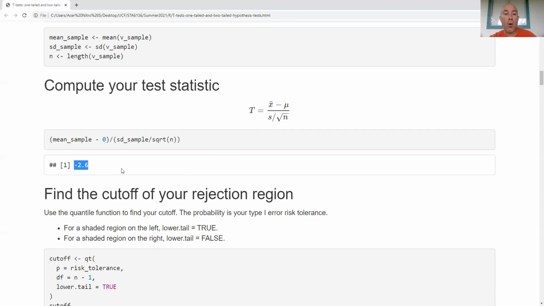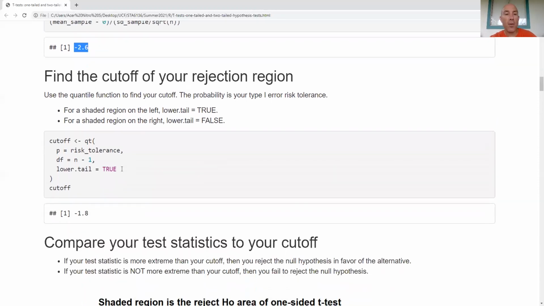Okay, so now what I need to do is figure out what my cutoff is for the rejection region. I'm going to use quantiles to do this. All right, so I'm going to use qt for this, since we're using the t distribution to identify the quantile. That's since I'm working with a normal distribution using sample standard deviation, I need to use a t distribution.